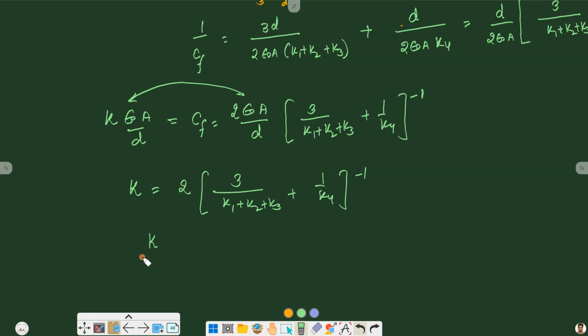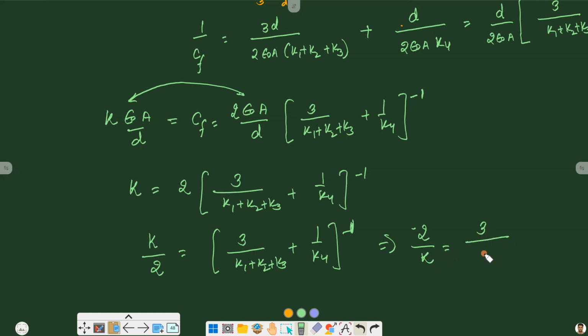K by 2 is equal to the inverse of 3 by K1 plus K2 plus K3 plus 1 by K4. Now taking the inverse of both sides, the inverse will get cancelled on this side and this will revert. So we can say 2 by K is equal to 3 by K1 plus K2 plus K3 plus 1 by K4.